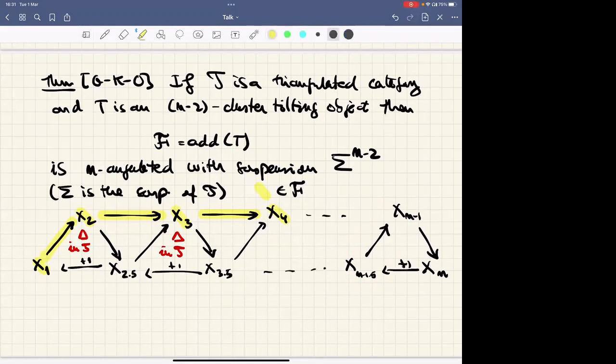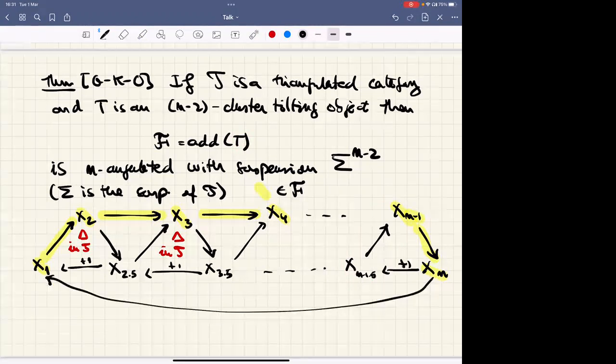So now all of this belongs to T, and since we need a map from xn to the n minus 2 fold suspension of x1, the map we have to take is the composite of all this, right? This is a map which goes to the n minus 2 shift of the target object, because here in the middle, we have given n minus 2 steps, if you count them well. So this is the structure.